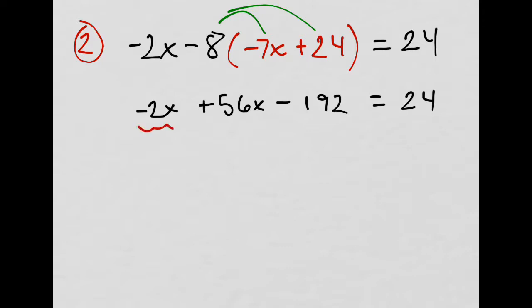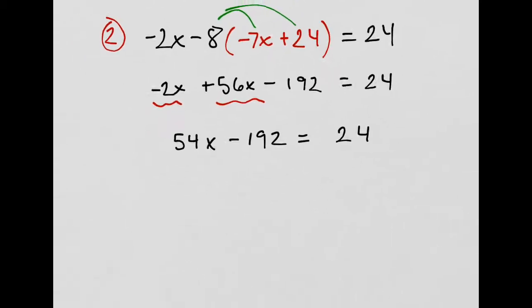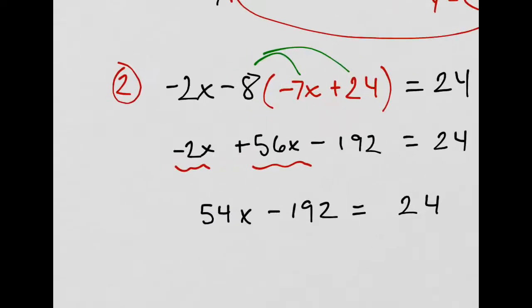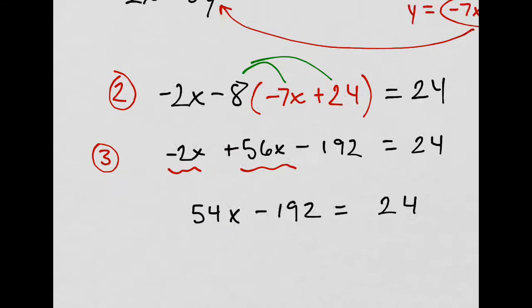Combine like terms. These are the like terms here. So that would be 56, 55, 54. Positive 54x minus 192 equals 24. All right, so this is actually step 3, solving.